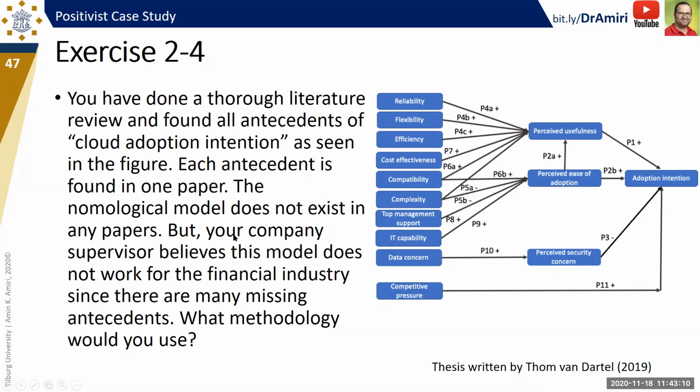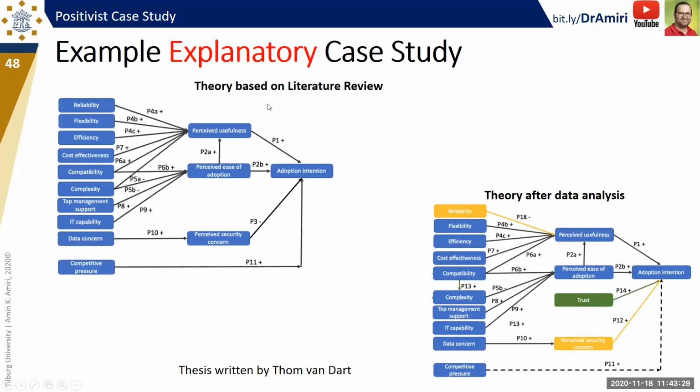So here, if you go for a field survey, you only check these relationships. You cannot find those missing constructs. Of course, you can go for a field survey, but it's better to go for an explanatory case study where you can find new constructs and relationships that are disputed here.